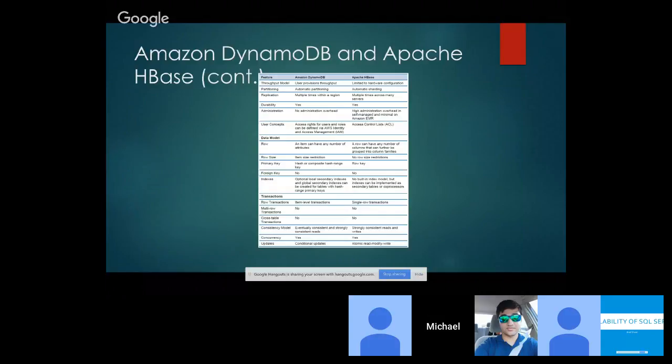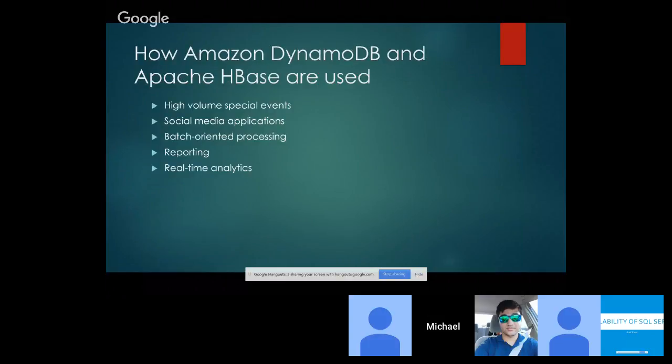And just to reiterate on the slide prior, the different database types and the actual terminology, as well as the actual products. The terminology is differentiated from product to product. The transactions are also differentiated as well. How Amazon DB and Apache are used.